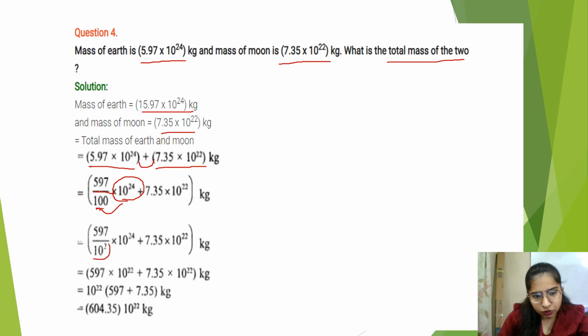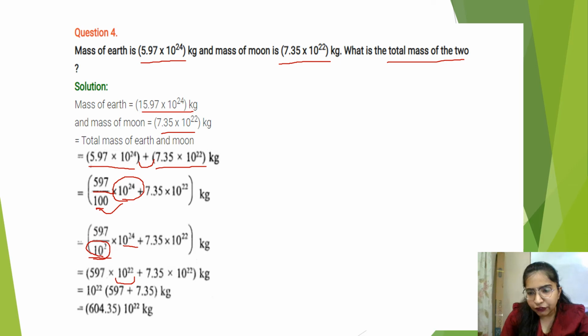Here down you can see 10 raised to power 2. Bases are same, 10 raised to power 24 and 10 raised to power 2 are in divide. Base same, power should be subtracted. You know very well, if bases are same, in divide power should be subtracted. You have to subtract 2 from 24. It will be 10 raised to power 22.